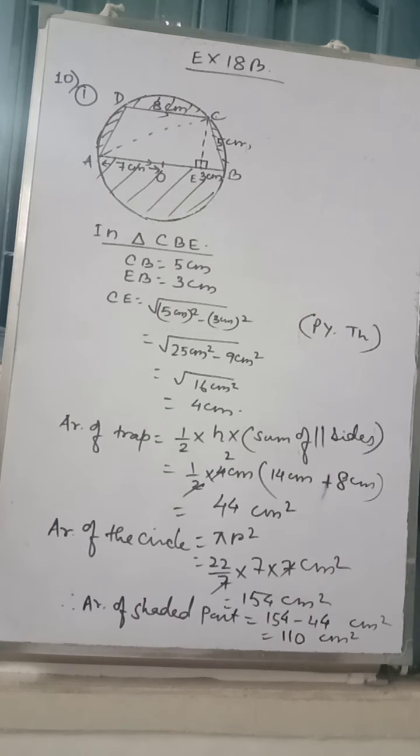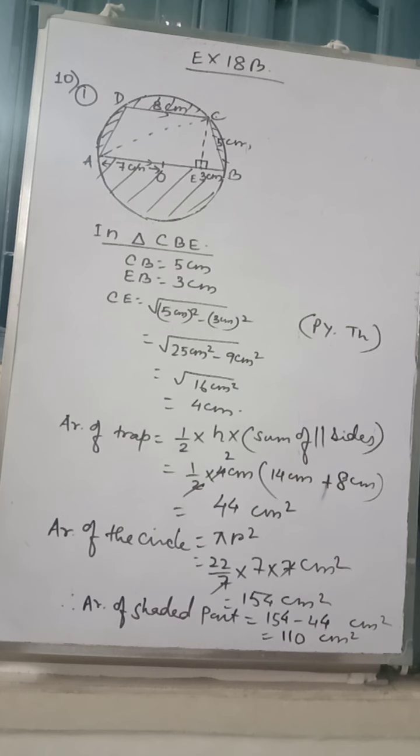You can get it as area of circle minus area of parallelogram. Area of circle is pi r square minus area of parallelogram is base into height. So you will have the area of the shaded part. So that you have to do.